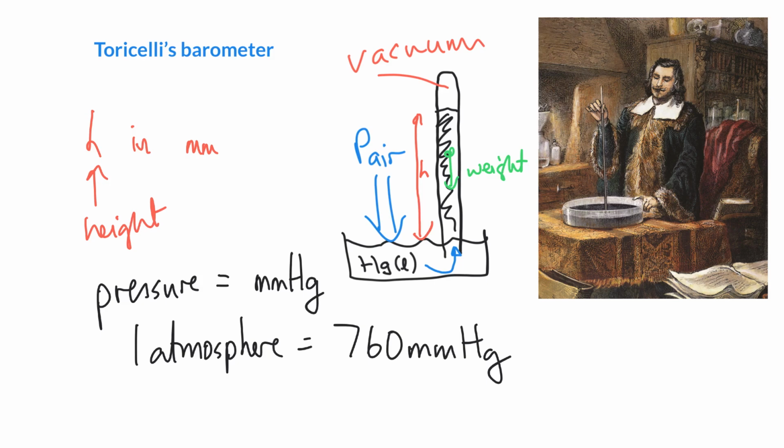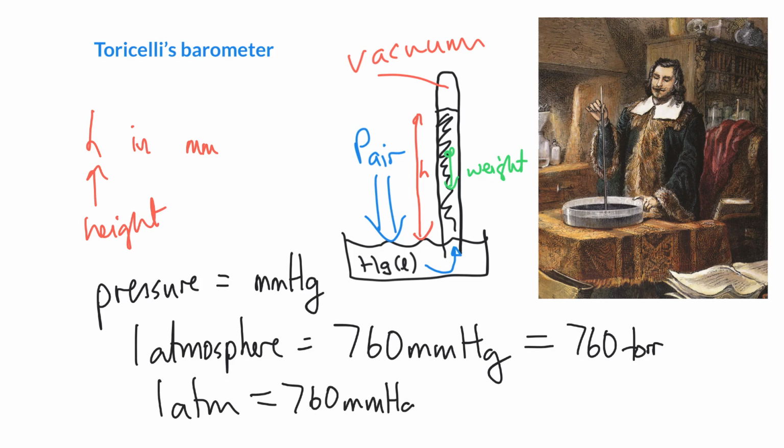Now, because Torricelli, who was a student of Galileo, invented this barometer, we sometimes call this unit the torr, and in healthcare it's quite typical to do so. In scientific terms, we often use atmosphere, ATM, but we can always convert between them. These are all exact, by the way. An atmosphere is 760 millimeters of mercury.